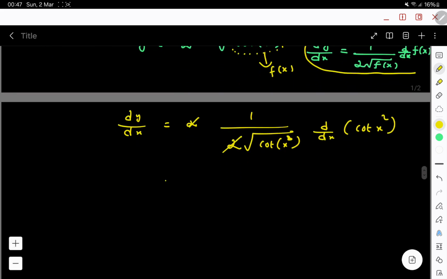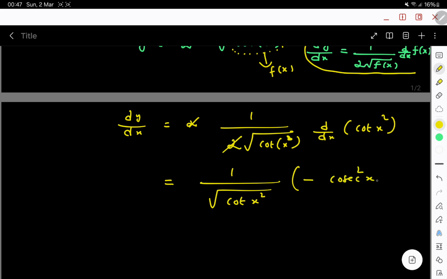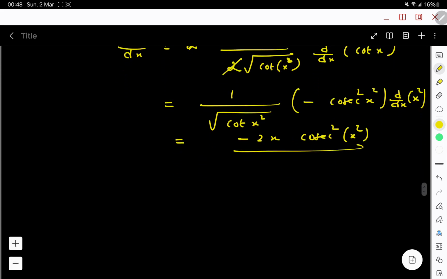So d by dx of cot x square, d by dx of cot x is minus cosecant square x, so minus cosecant square x square, again differentiating x square, that is important. Okay, d by dx of x square is 2x. Okay, I am writing here minus 2x cosecant square x square by 2 root of cot x square.